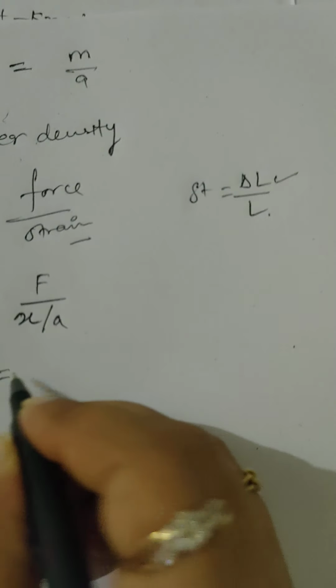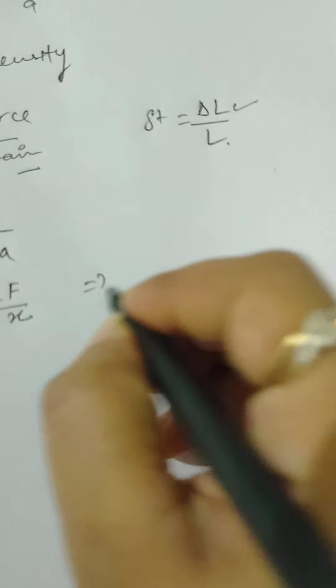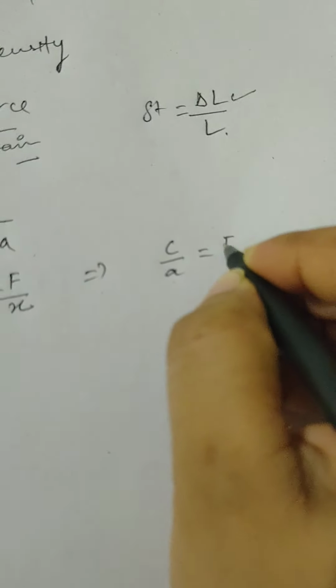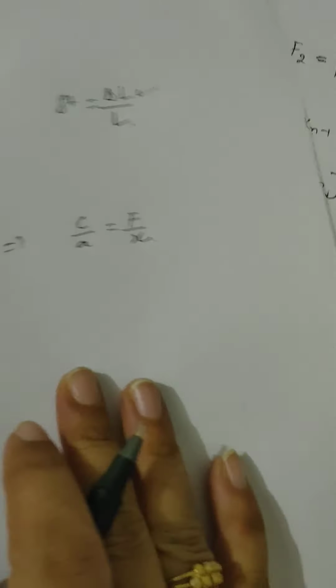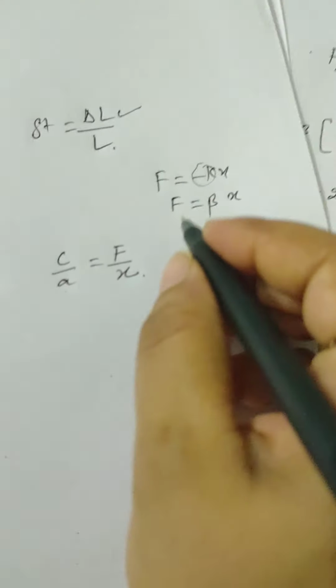So C is equal to aF divided by x, or C by a is equal to F by x. And also F is equal to minus Kx, or if I am considering this as beta, F by x is equal to beta.